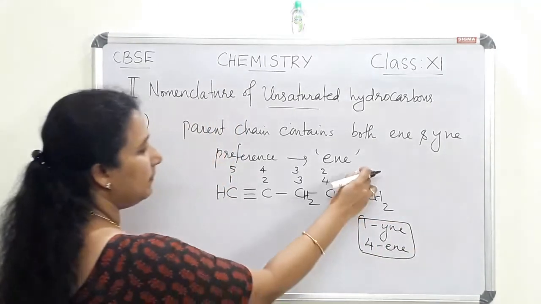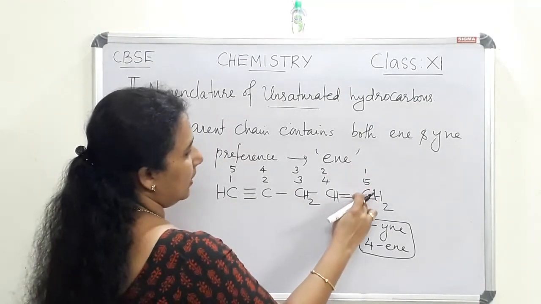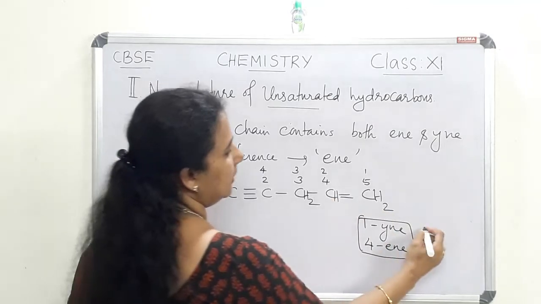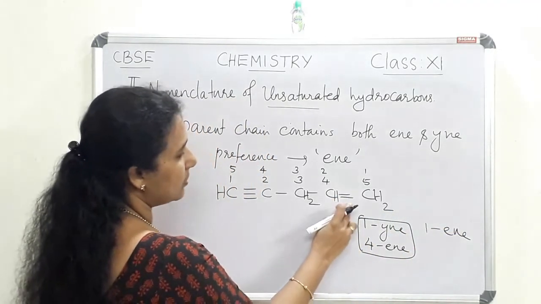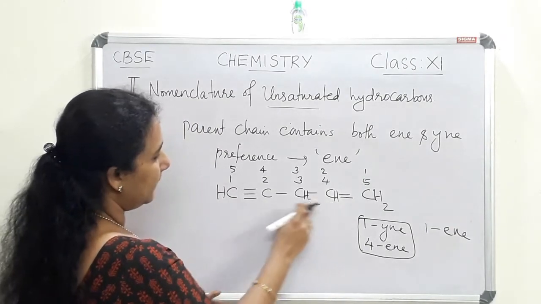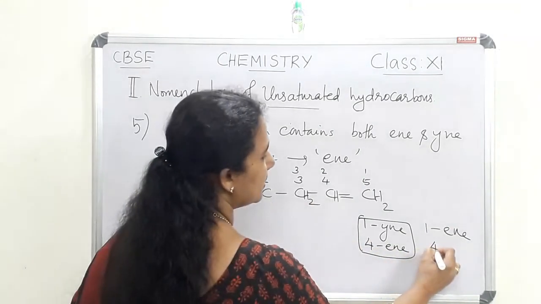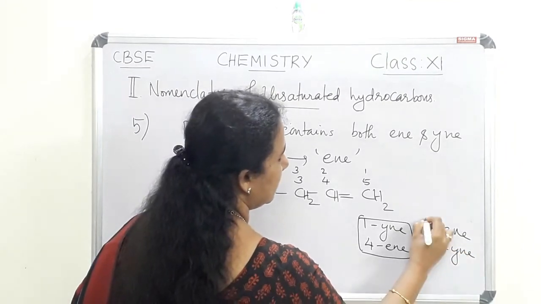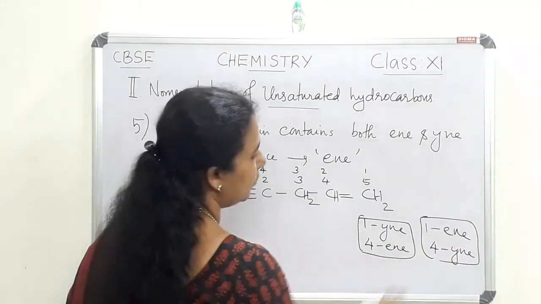If you are numbering from right to left, the first carbon has the double bond. So first position an ene, then comes the fourth position as yne. So these are the two possibilities.